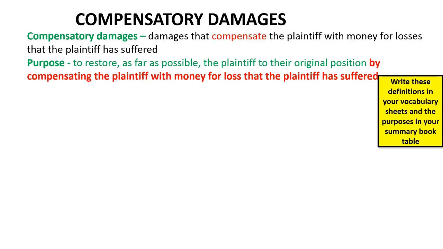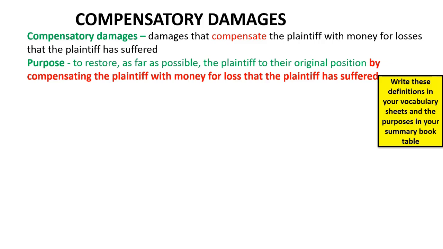However, you need to know what compensatory damages are because sometimes a SAC or exam question will ask you to, for example, discuss the extent to which compensatory damages achieve the purposes of civil remedies. In answering this question, you will need to discuss the extent to which specific, general, and or aggravated damages achieve the purpose of restoring a plaintiff as far as possible to their original position.